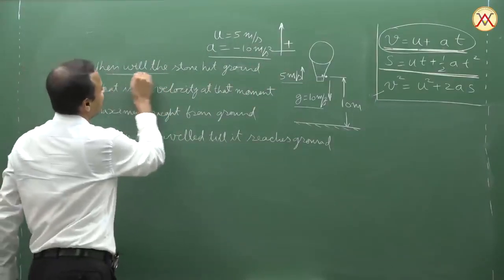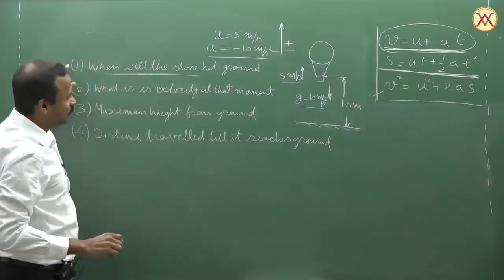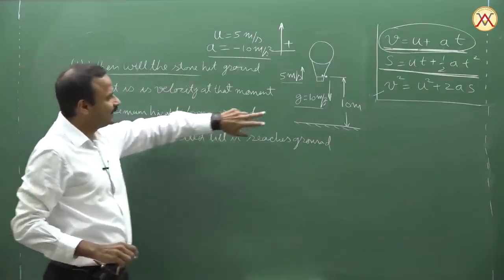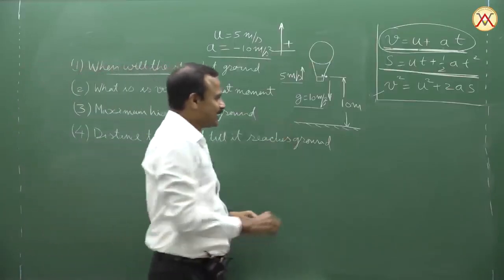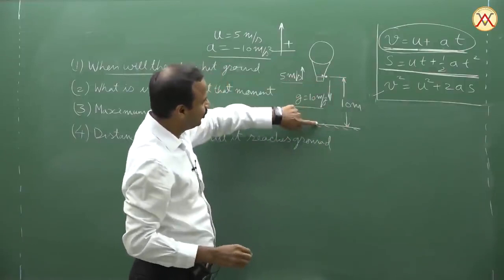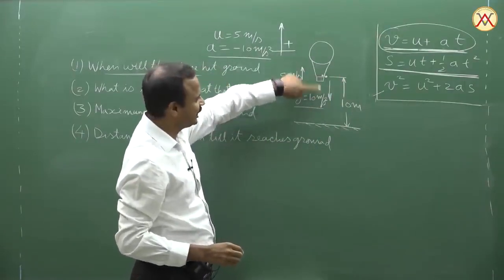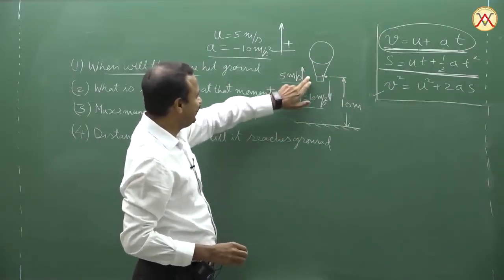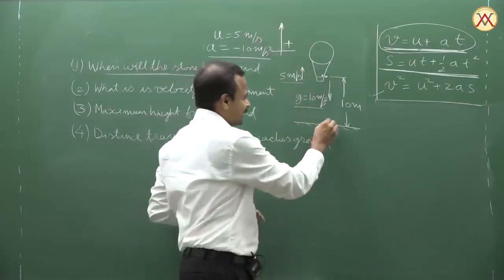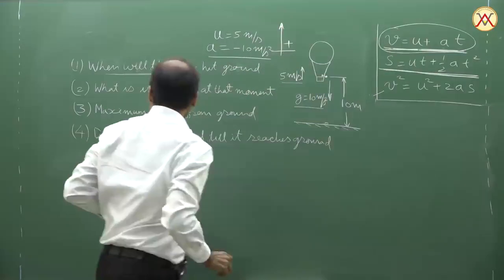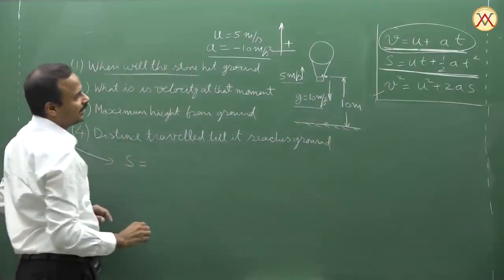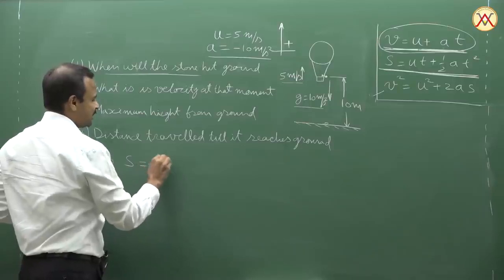Now let us attempt part 1. Time has been asked when it hits the ground. Hitting the ground means it is 10 meters below its starting position. We have taken upward as positive, so what is the value of s here? The value of s we have to take negative, and it will be minus 10 meters.